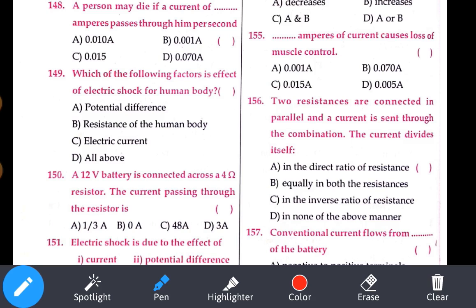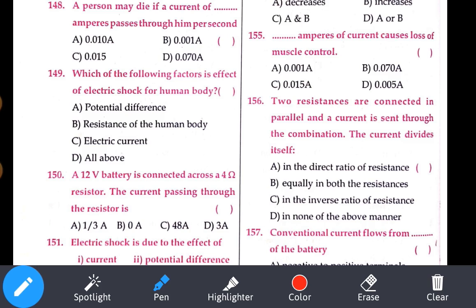All the muscles get contracted involuntarily. And just now we have seen 0.015, it is loss of muscle control. You will have seen this in the movies, right? The person will be continuously vibrating when he keeps his finger into the socket. So the answer is 0.015.